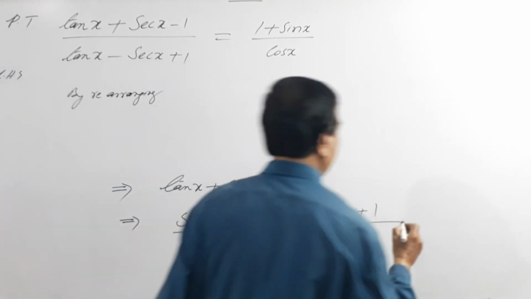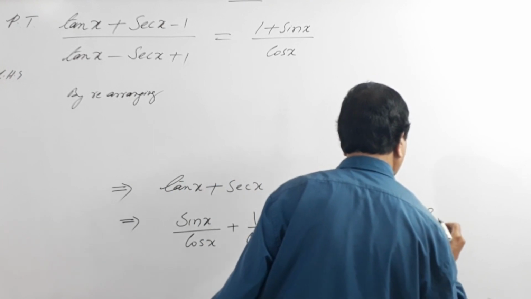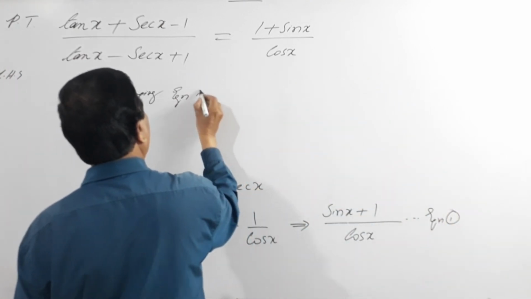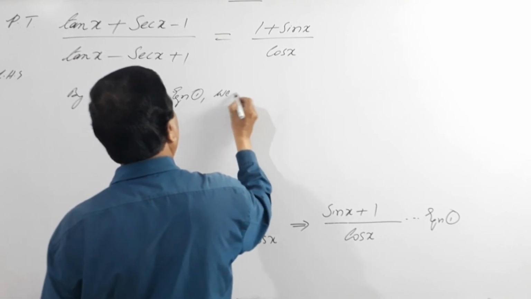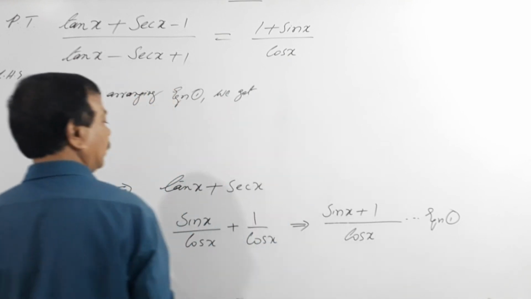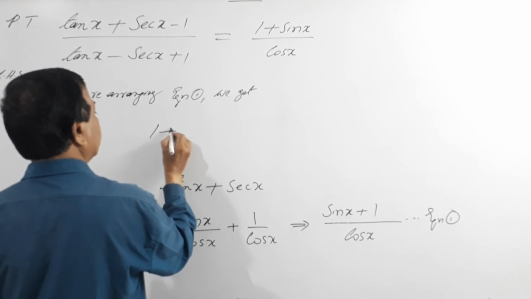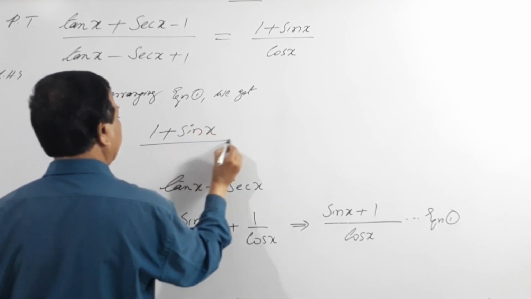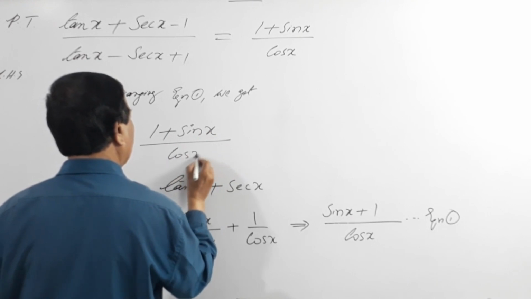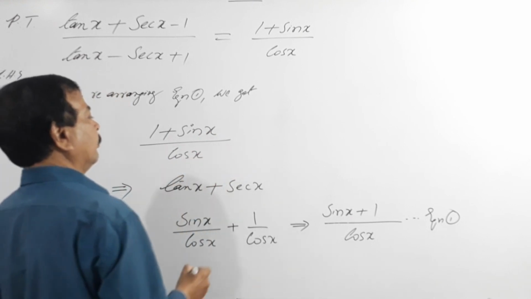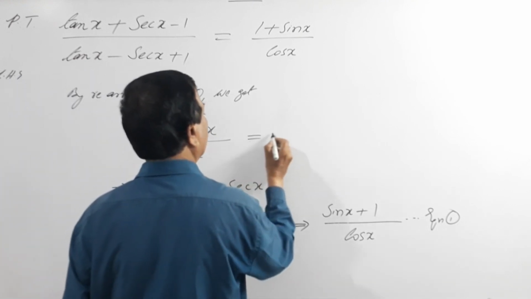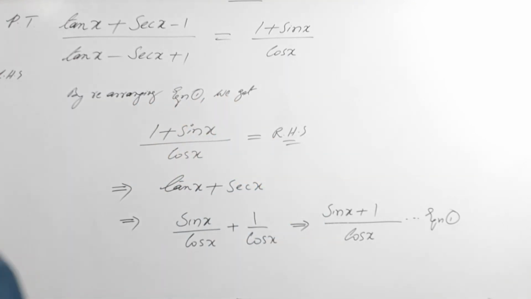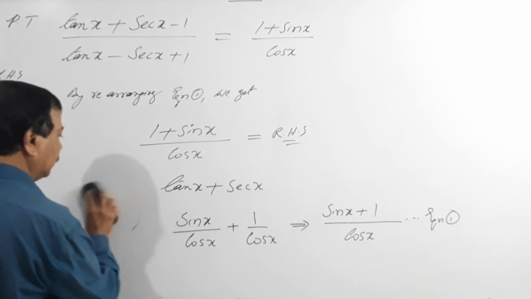I call this equation 1. By rearranging equation 1, we get 1 plus sin x divided by cos x, which is nothing but your right hand side.